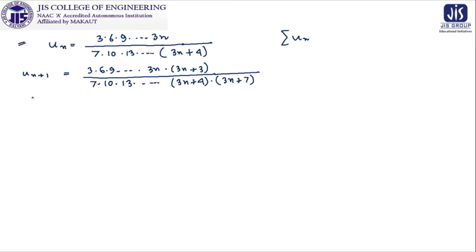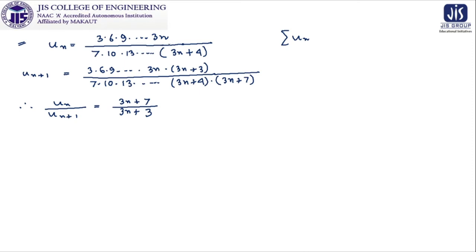After getting this un and un plus 1, we can write that un by un plus 1 is equal to 3n plus 7 by 3n plus 3. Only these two terms remain, in reverse order.